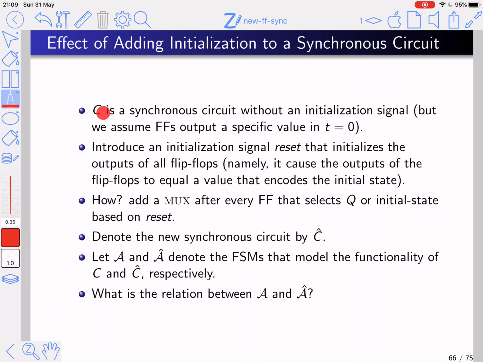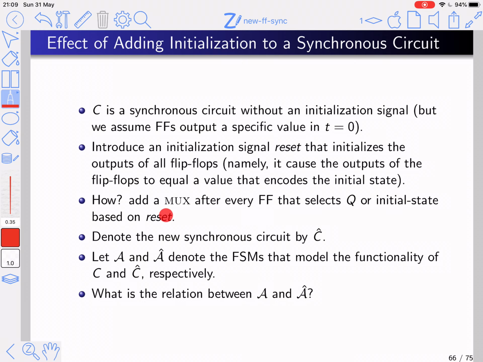Now we take our circuit C and we introduce initialization through a reset signal that initializes the output of all the flip-flops, as we saw before, using a mux that, in case the reset is 1, selects some predefined initial value. So we have these muxes, which are controlled by the reset, and they select either the output of the flip-flop or the initial state.